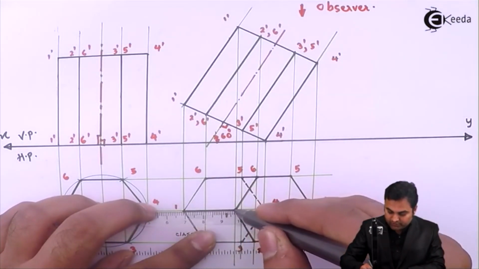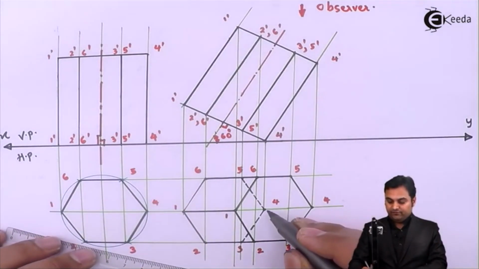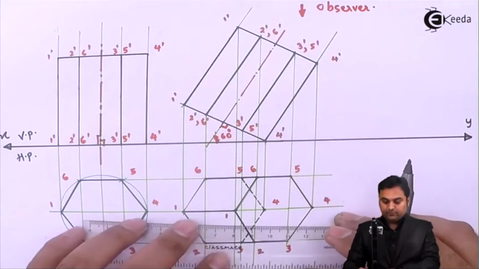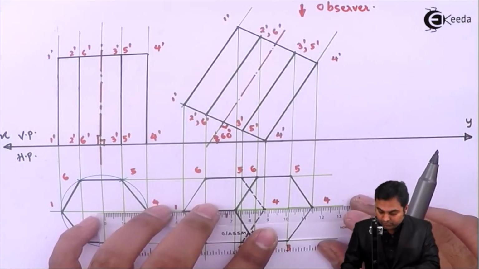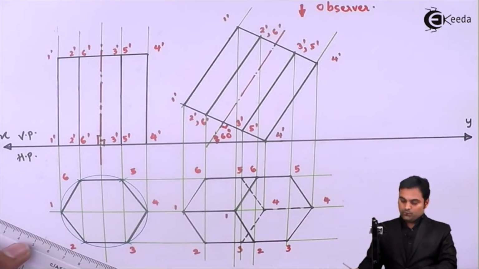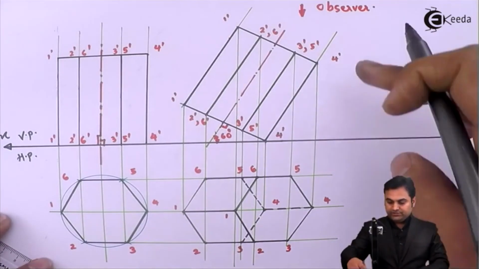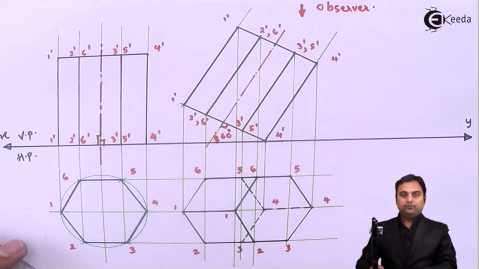So edge 1 1 is visible. Next, edge 4 and 4 going away from the observer, so it needs to be drawn dotted. Now, this is the complete hexagon which we have drawn, the hexagonal top view.